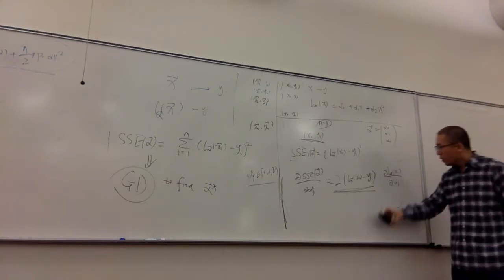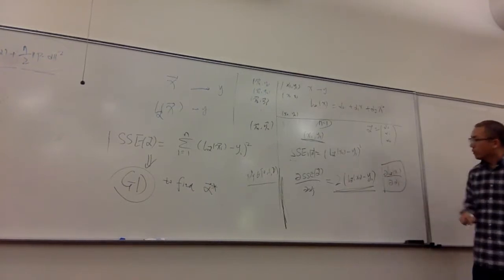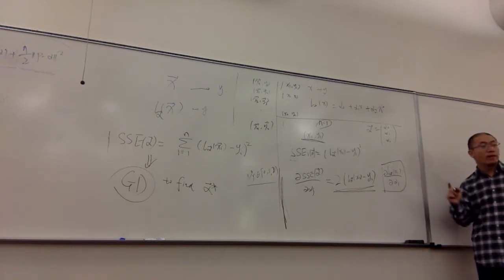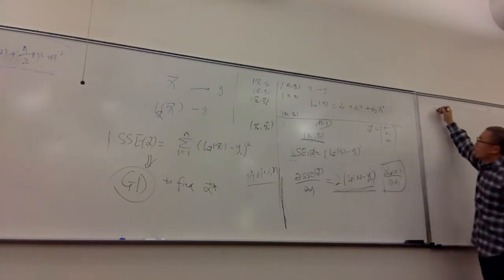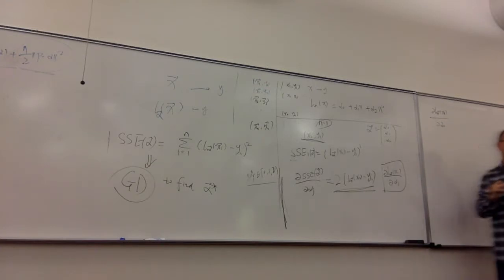So we can check the result for the second term. That is the partial derivative of our polynomial with respect to different coefficients. So what is the partial derivative of our second order polynomial to alpha 0? Just 1, right?